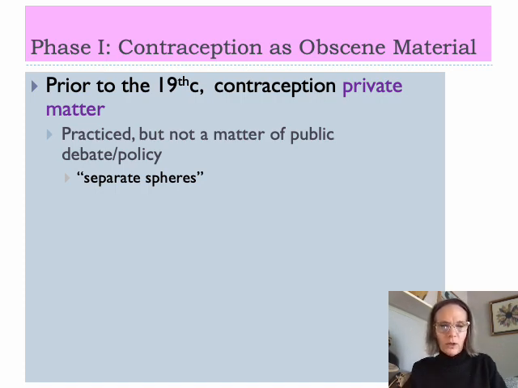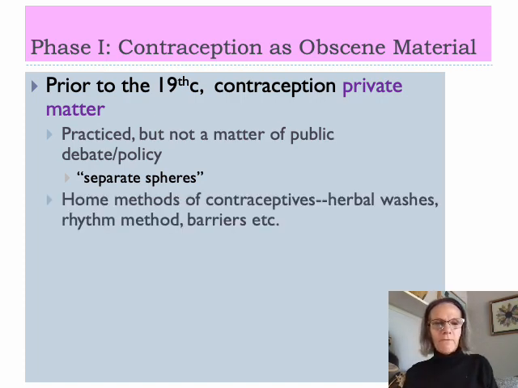But most matters of sexuality or reproduction were left to an arena that public lawmakers didn't get involved in. That doesn't mean that contraceptives weren't practiced and used. Of course they were.